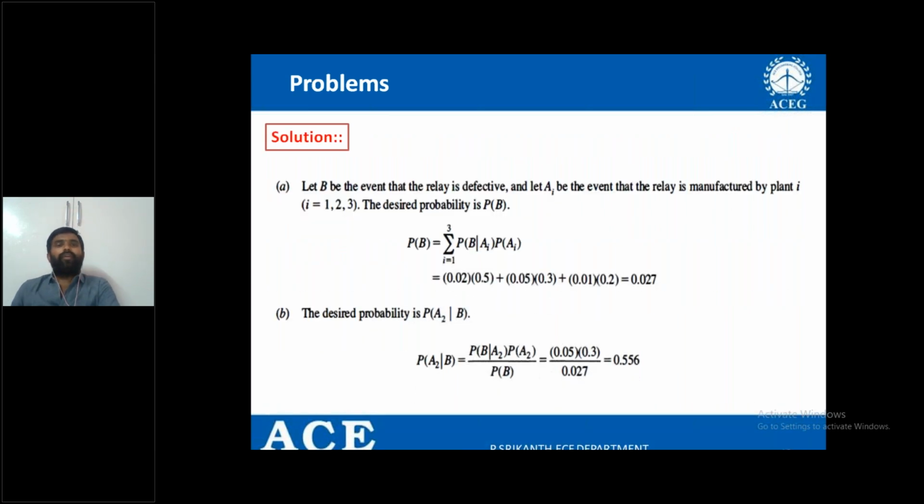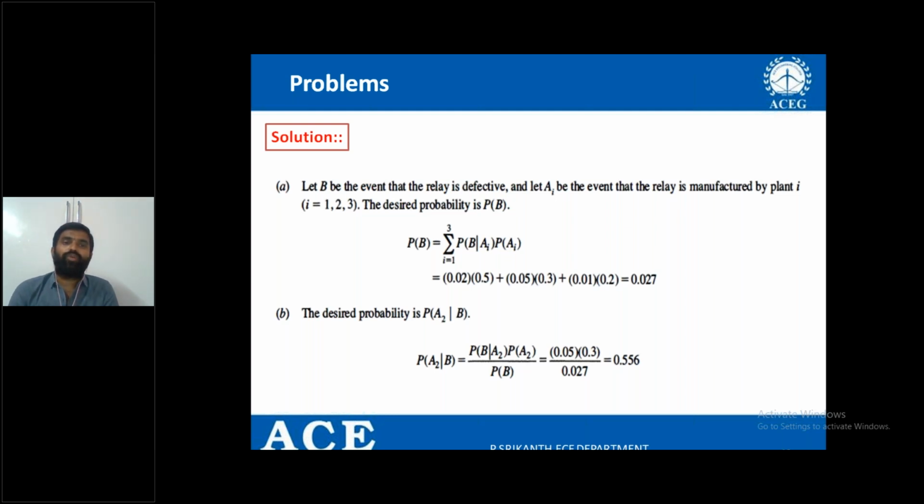See there. The total probability of a defective one can be taken as the sum of P of B given Ai into P of Ai. We all know that P of B given A1 is 0.02, P of A1 is 0.5, P of B given A2 is 0.05. Substituting all these values, you get the resultant probability of a defective relay as 0.027.